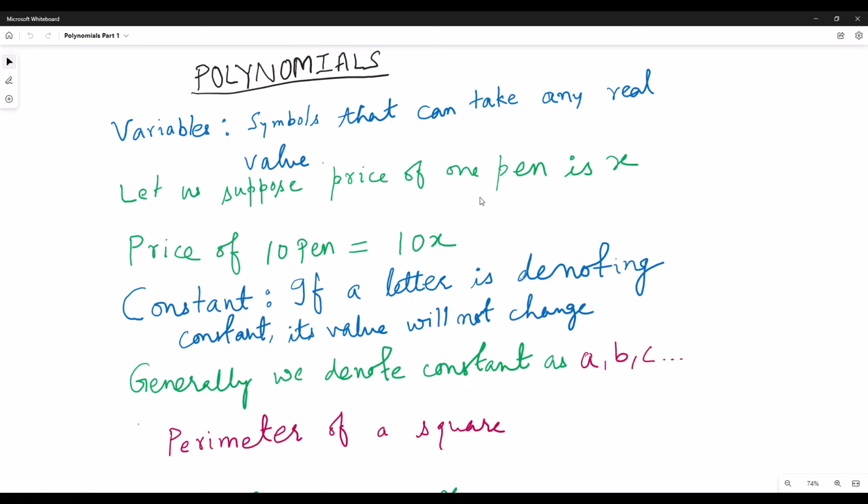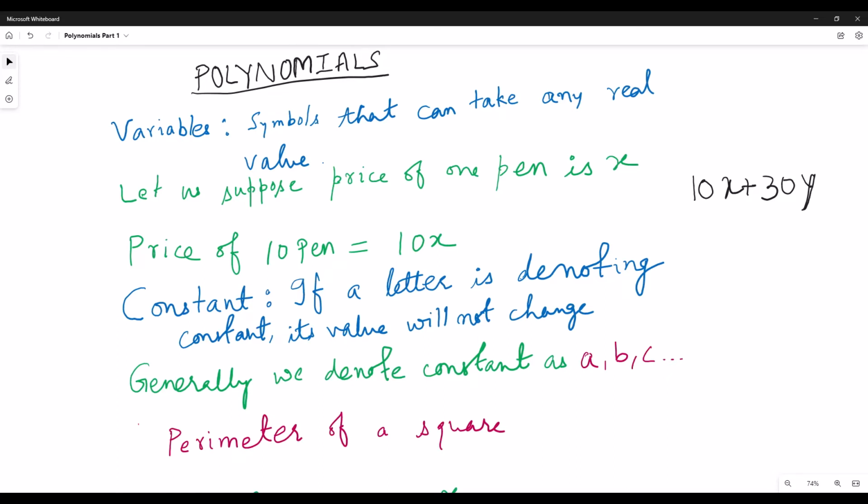And if we have to buy 10 pens and 30 books, then the money we will need is 10x plus 30y. So this becomes an algebraic expression in two variables, x and y. x is the price of a pen and y is the price of a book.